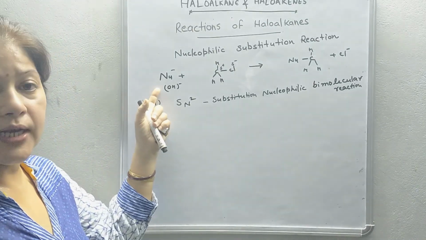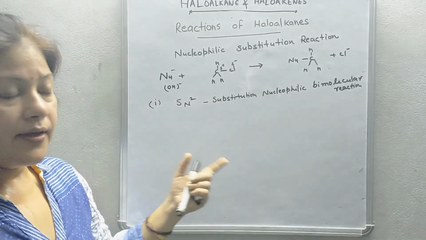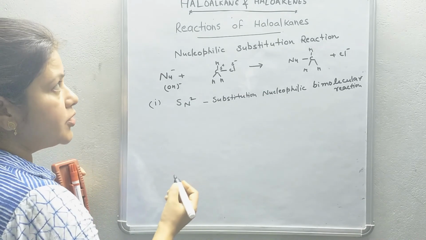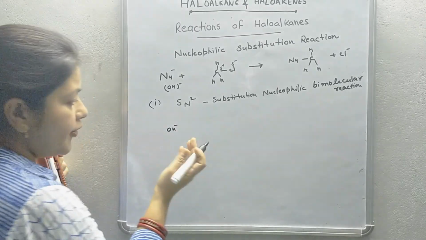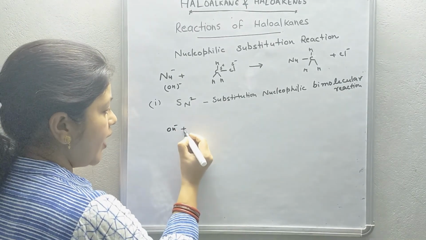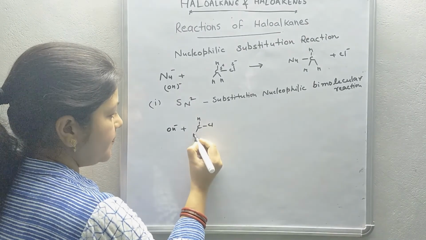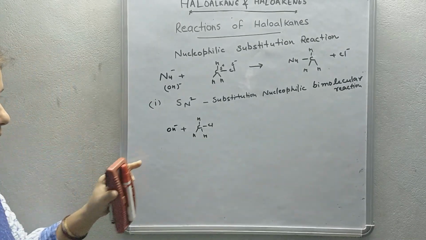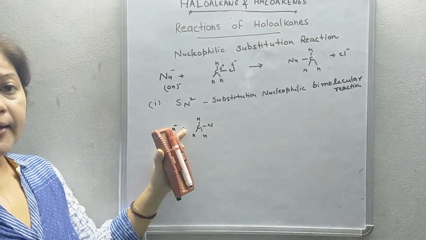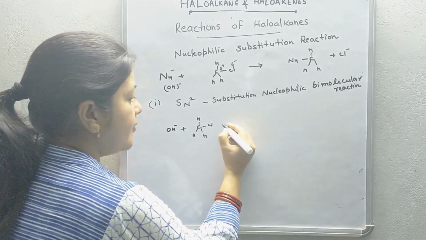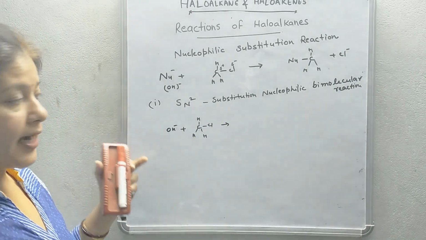We take hydroxyl ion as a nucleophile and methyl chloride as the haloalkane. So when the hydroxyl ion, a nucleophile species, reacts with haloalkanes, a bond starts forming between nucleophile and carbon, and meanwhile the bond between carbon and chloride ion starts getting weaker.